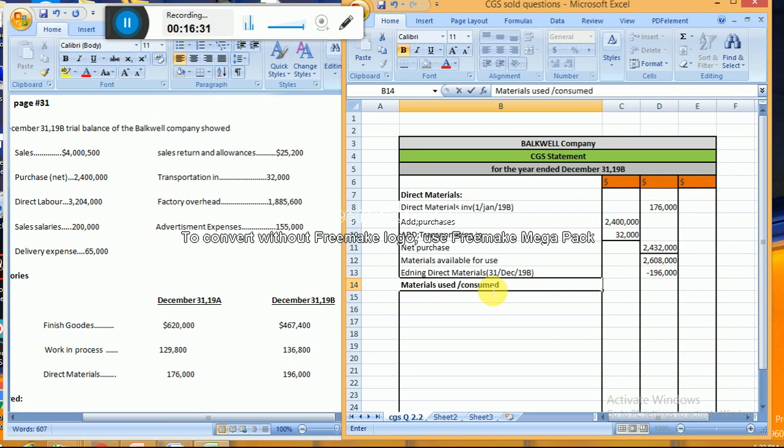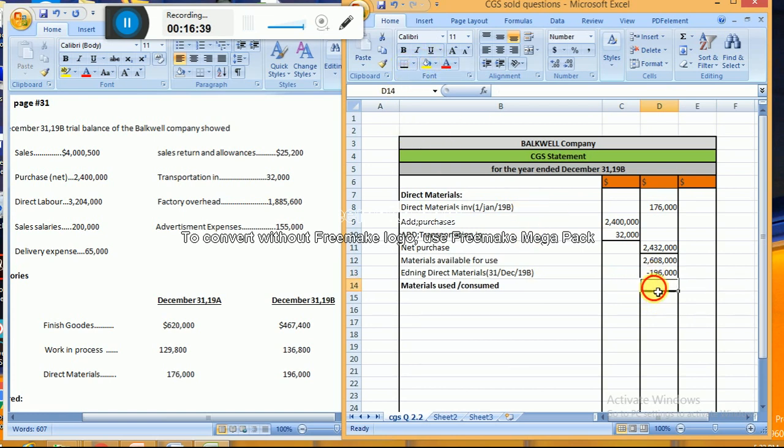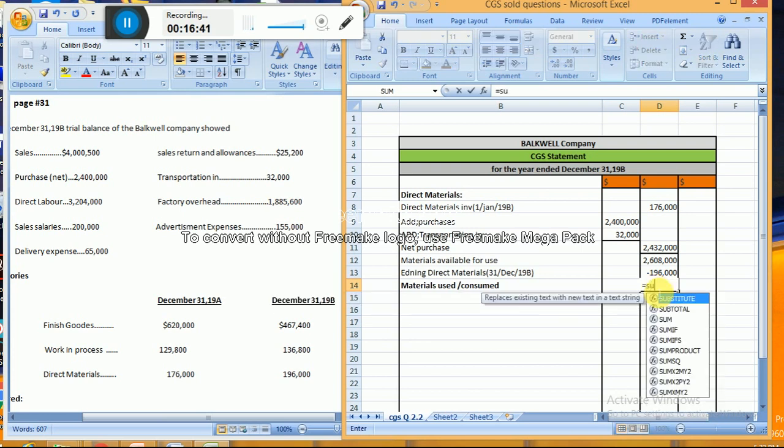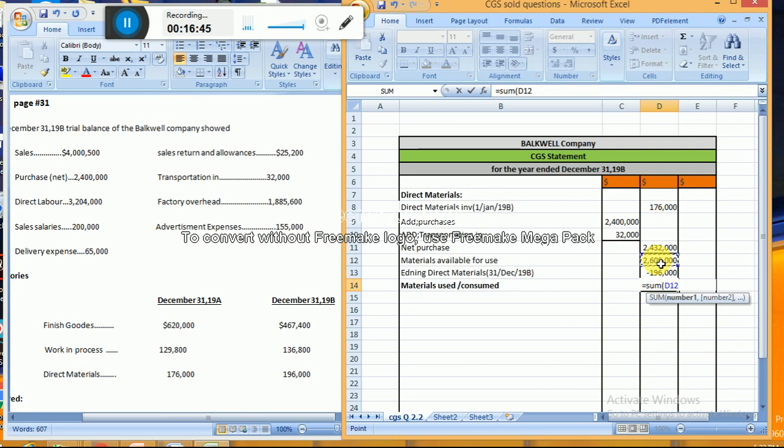During the year, how much material did we consume? So we will use the formula here. Total material was 26,08,000, and in this 26,08,000, the 1,96,000 material is left. So we will subtract this one.